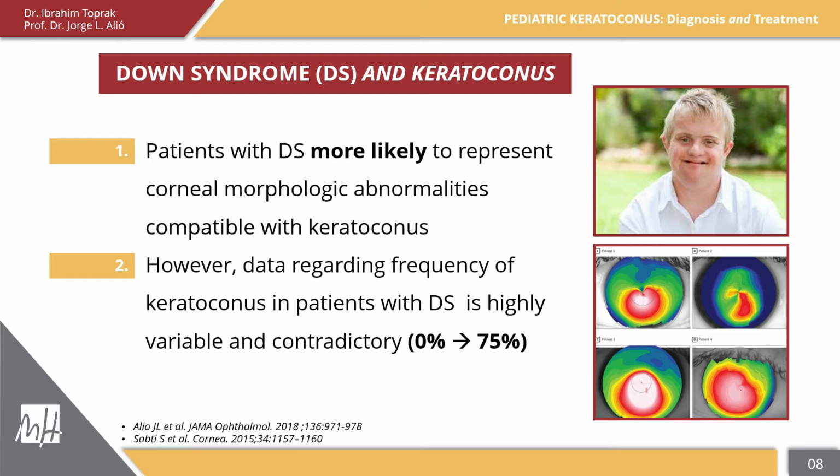We should also mention the relation between Down syndrome and keratoconus. Patients with Down syndrome are more likely to present corneal morphological abnormalities and a higher incidence of keratoconus. However, data regarding frequency of keratoconus in patients with Down syndrome is highly variable. It ranged from 0% to 75%.